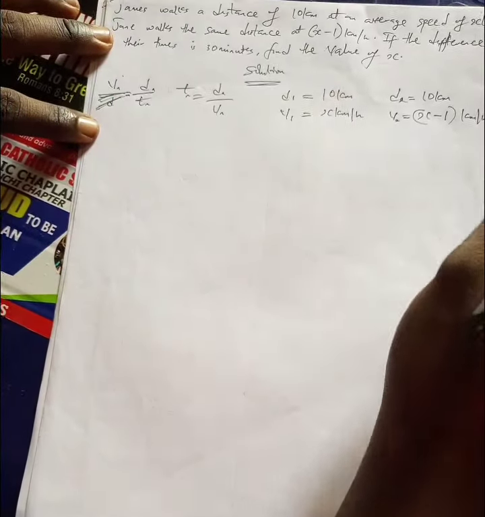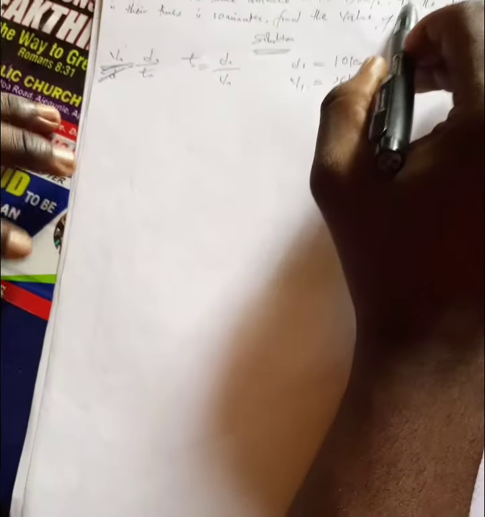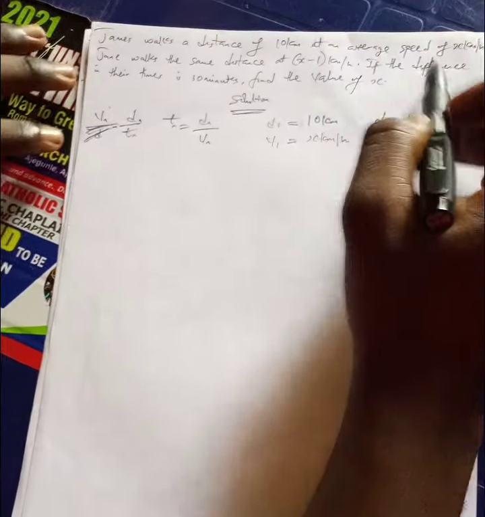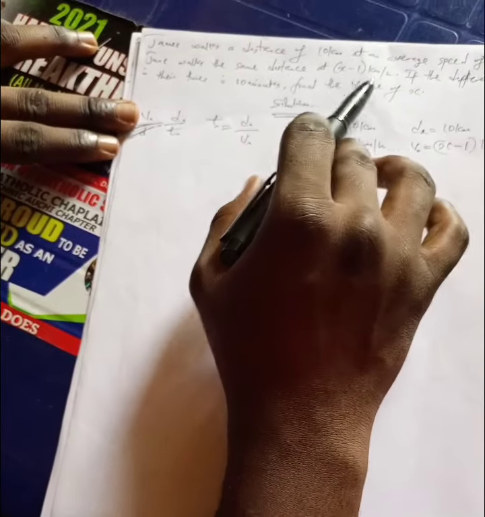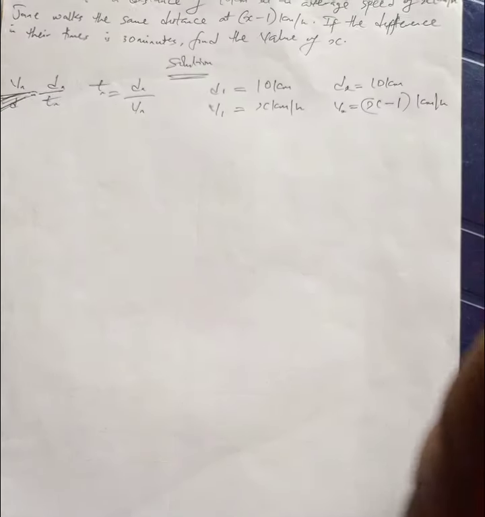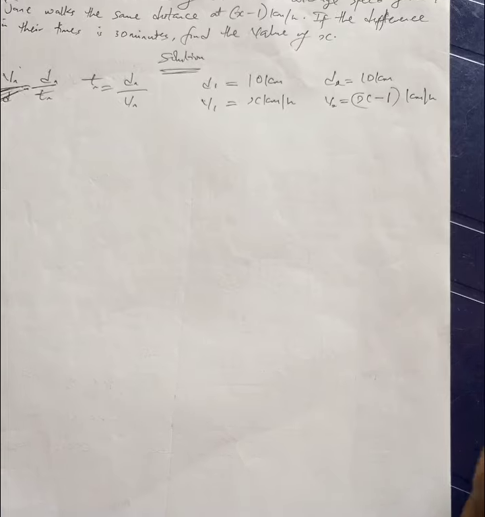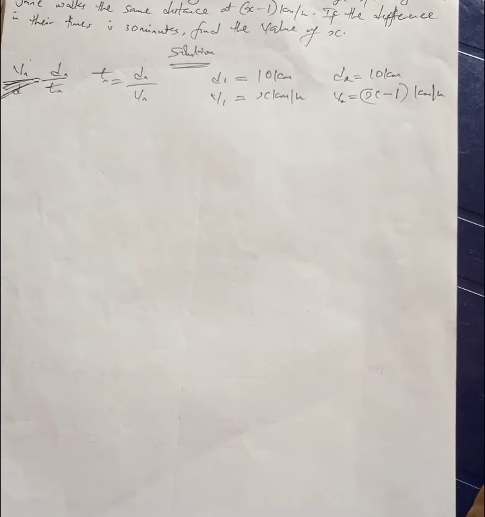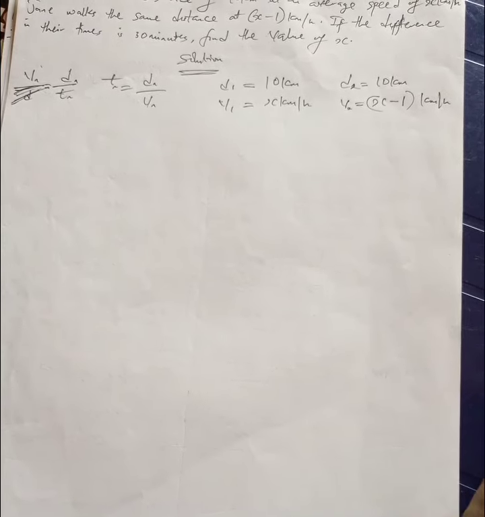Now, remember in the last example we did the total time, but here we are given that the difference in their times is 30 minutes, find the value of x. If I say the difference between 3 and 2 is 1, how do I know it's 1? Big number minus small number.